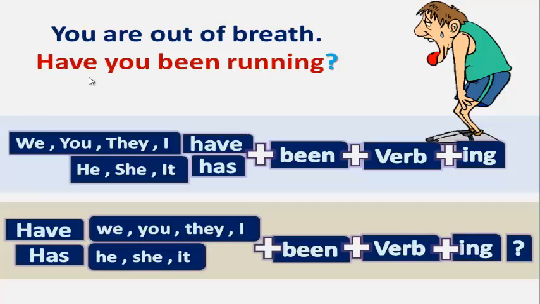Now, to form a question using this tense, we start with the helping verb or the modal auxiliary, have or has, and then we use the subject, and then been, and then a verb, and then ing, and we finish with a question mark. The difference between a question and a sentence or statement is just this. Okay, so we take the modal auxiliary and we put it at the beginning of question.